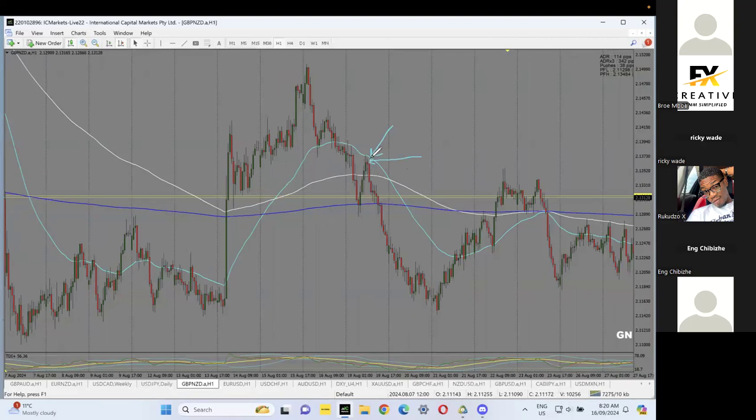What it simply means is this pair spent about, not 15 minutes, this is 1 hour time frame, so it spent about 2 hours, about 2.5 hours in that area. Now that I will take because it has spent more time.